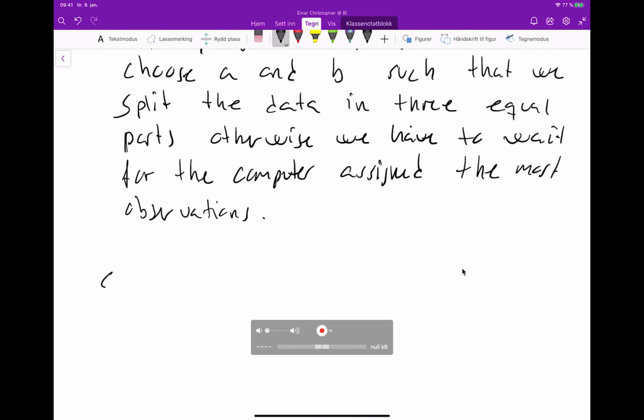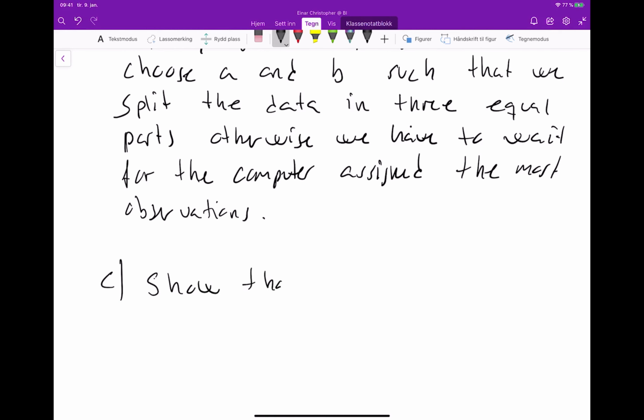And then we take C. In C, we are asked to show that, and what are we going to show? Yes, we are going to show that the empirical variance Sx in the power of 2 can be written like this.